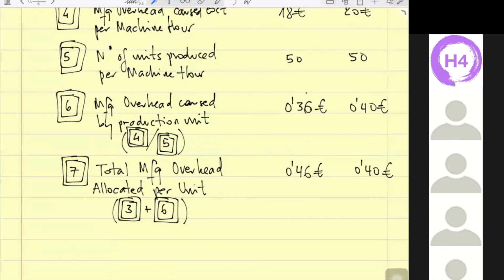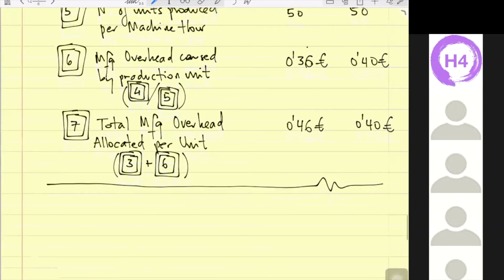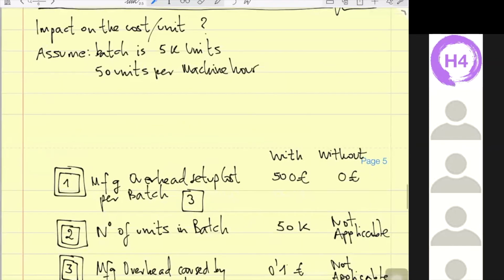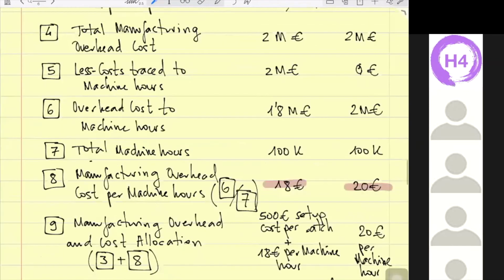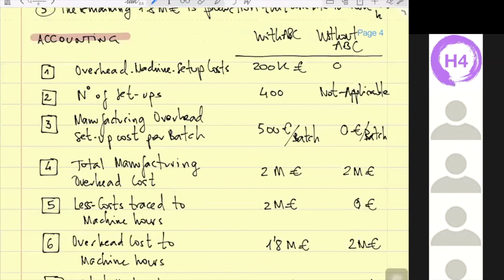Okay. So any questions? Any questions? Anybody? Okay. So you have here examples of activity-based costing and what happens when we apply it compared to traditional costing, without activity-based costing.